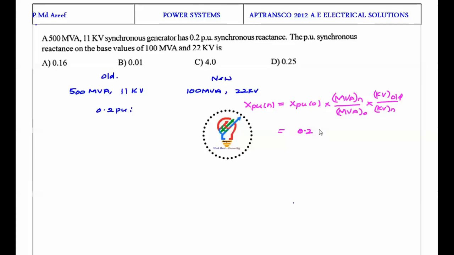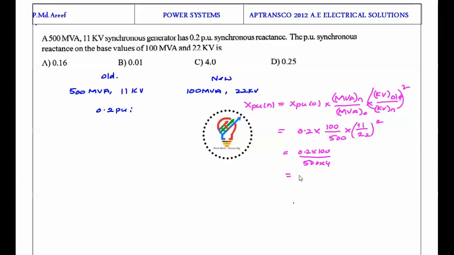MVA new is 100, divided by MVA old, 500, into kV old, which is 11 kV. Sorry, I forgot, it is squared here. So 11 divided by 22, whole squared, is nothing but 0.2 into 100 divided by 500 into 1 by 4.